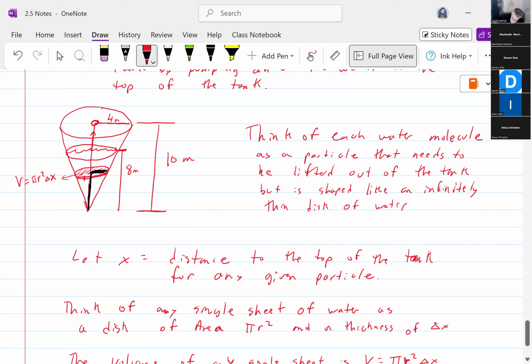What is the height of the water at any given time? We're going to call this guy R. And then I want to actually use this guy over here, because remember, X is the distance that I have to travel back up.